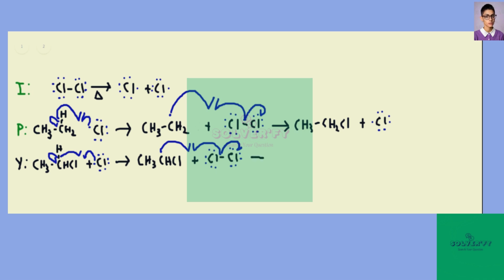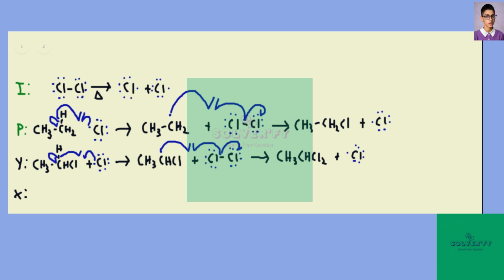And that's going to get us to our product Y. Again, that does regenerate the chlorine radical to keep this reaction going. So this is part of the propagation step. I'm just distinguishing the propagation steps that make Y from the propagation steps that make X.